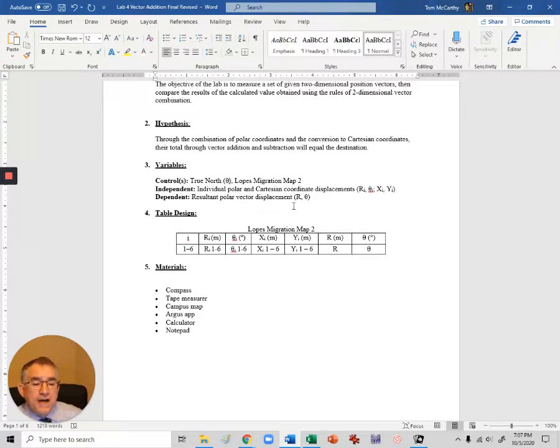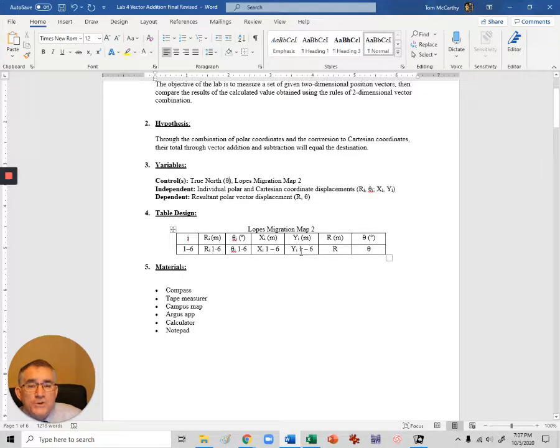All right, so the design table down below would have Ri and theta i. There's 6 of them. The corresponding Cartesian coordinates, Xi and Yi. I chose capital X, capital Y, since R is capitalized, so we might as well keep everything capitalized, make it look really uniform.